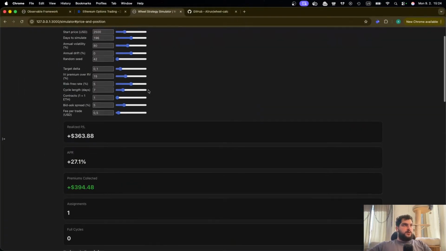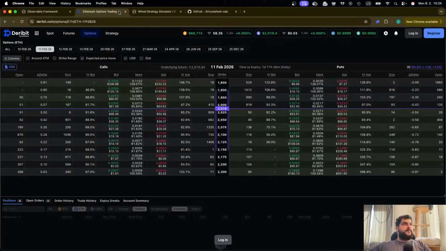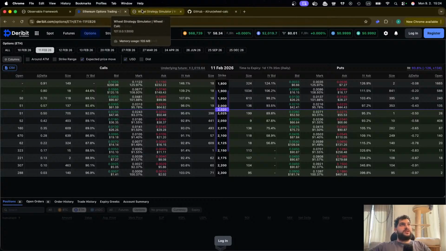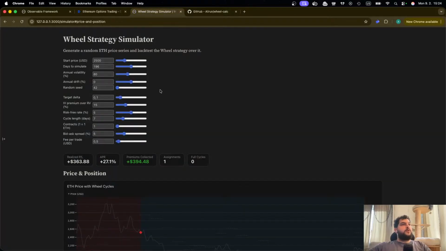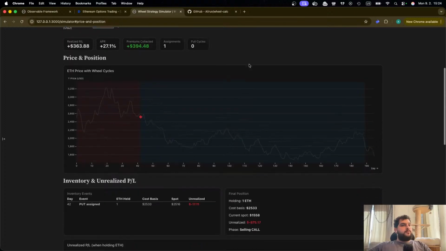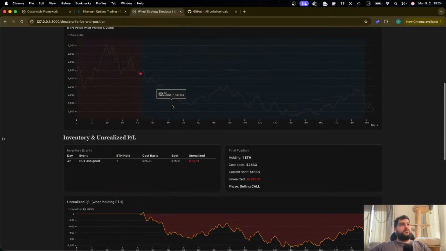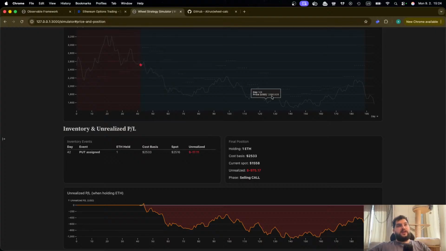So with selecting the higher strike price, or the farthest strike price from the current price, we are receiving less premium. As you can see here, the premium goes down, but we also decrease the risk of assignment, which for us basically leads to not being assigned again and again.